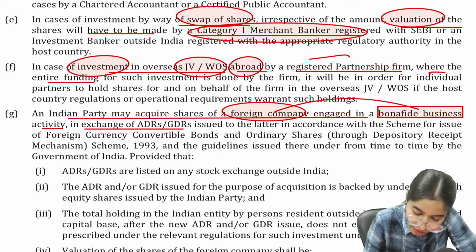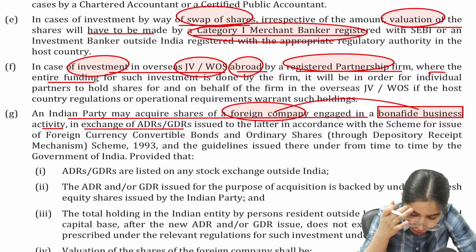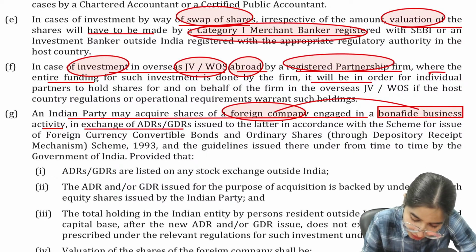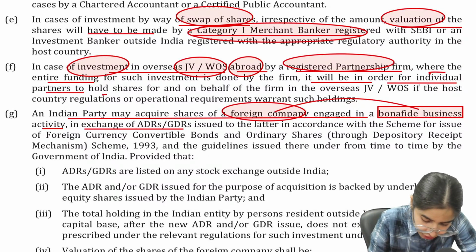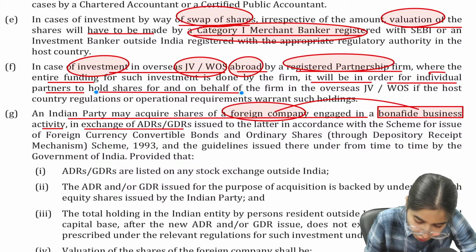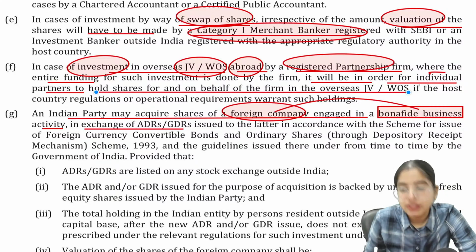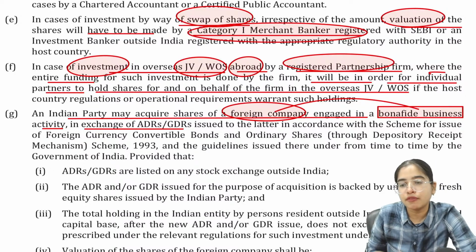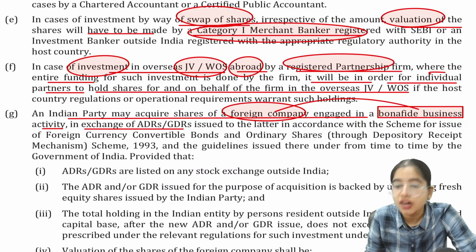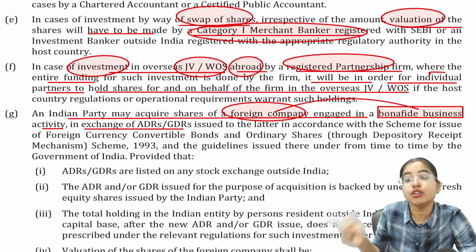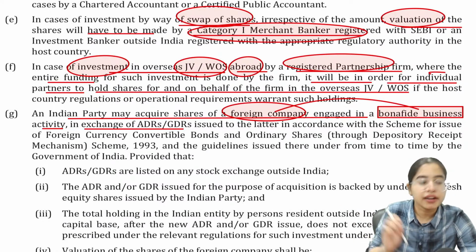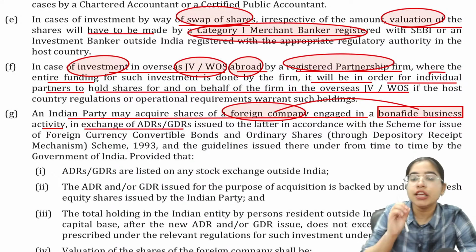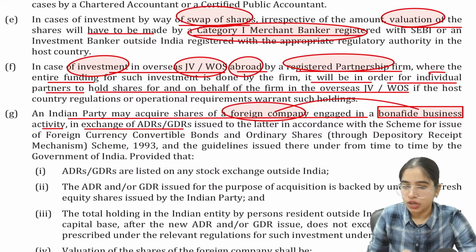Who's making investment? A registered partnership firm. So it will be in order for individual partners to hold shares for or on behalf of the firm. So in that case, who will hold shares on behalf of the firm? The individual partners can hold the shares on behalf of the firm. And later on, you will also study that this partnership firm has to compulsorily go through approval route.